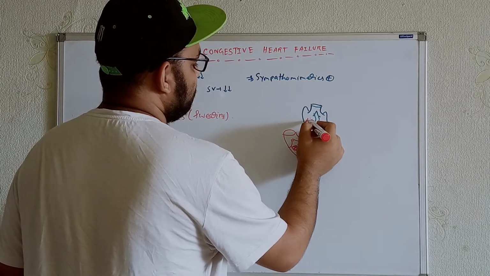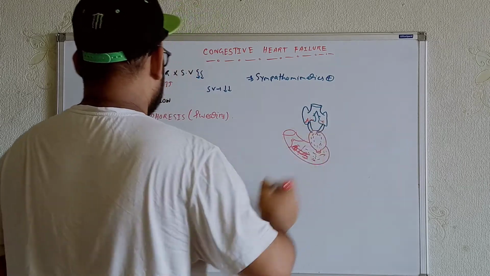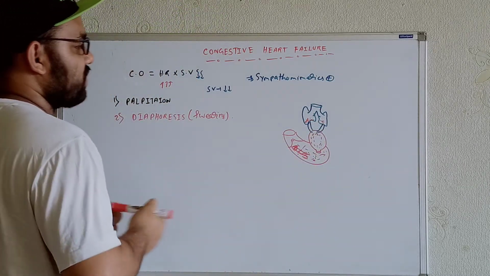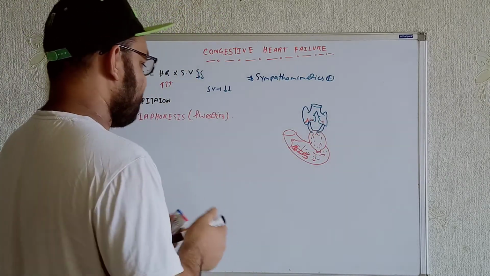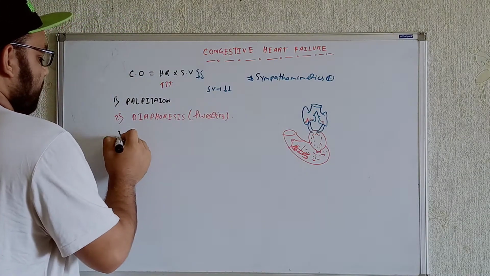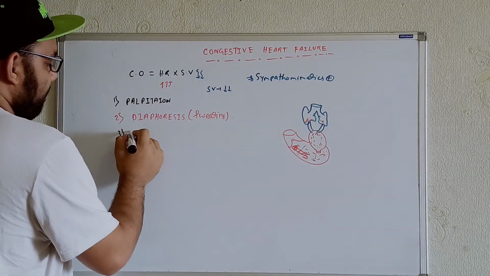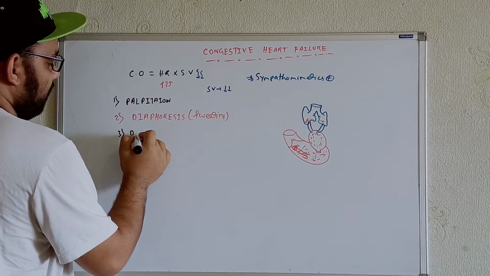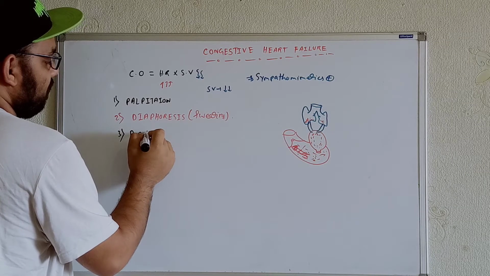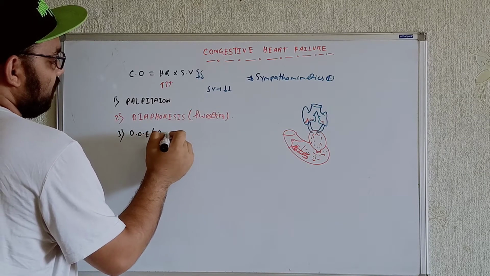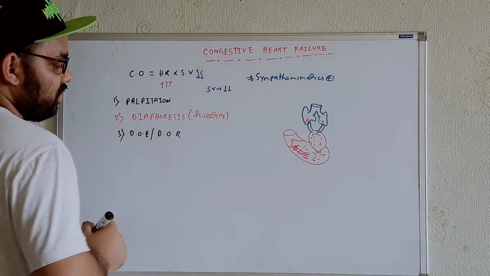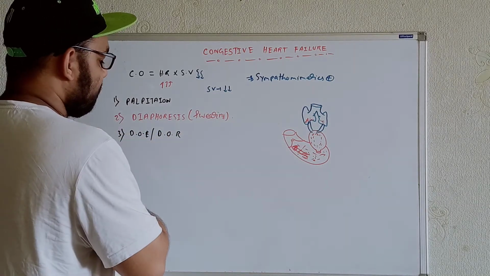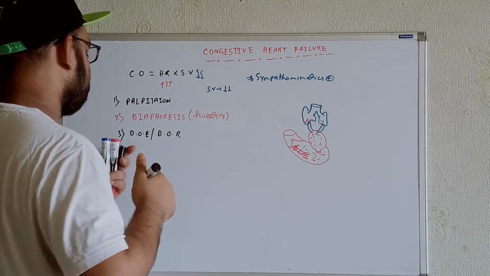Now the problem we will see over here in these cases is dyspnea. We will get dyspnea on exertion, or we can say dyspnea on resting conditions also. Sometimes we can see dyspnea in resting conditions definitely, and also dyspnea on exertion.